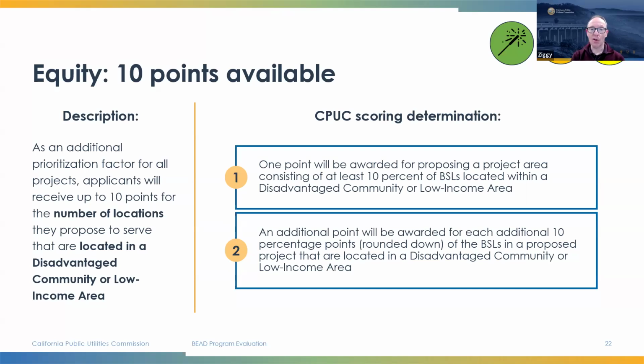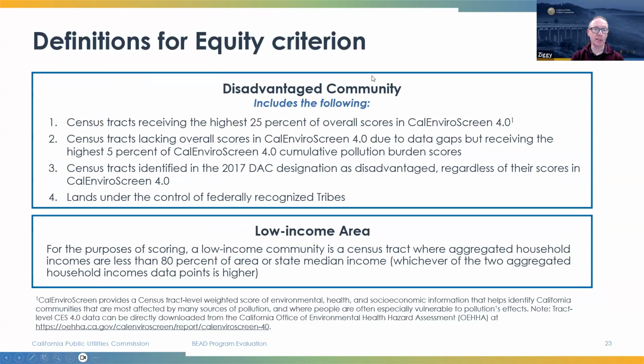The equity areas are predefined, and you'll receive information and mapping so you can see where those areas are. 1 point will be awarded for proposing a project area consisting of at least 10% of BSLs, and an additional point will be awarded for each additional 10 percentage points in a proposed project that are located in a disadvantaged community or low-income area.